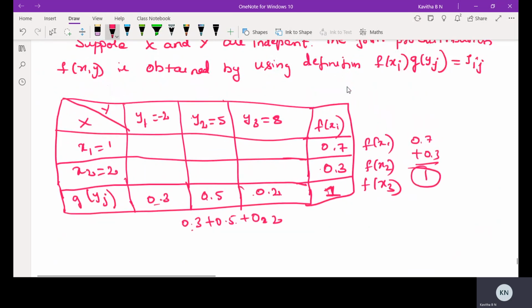Then observe here. We need to find J11, J12, J13 and J21, J22, J23.